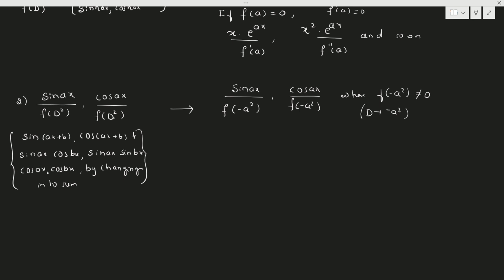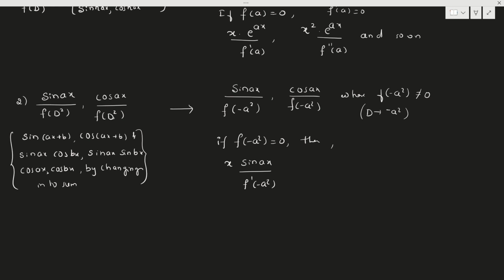Again, if f of minus a square is 0, then what happens? Then x into sin ax divided by f dash of minus a square.